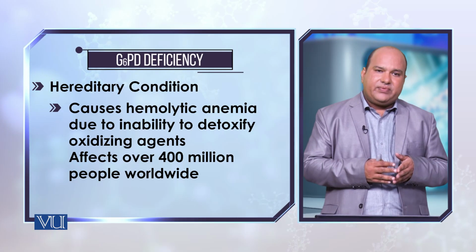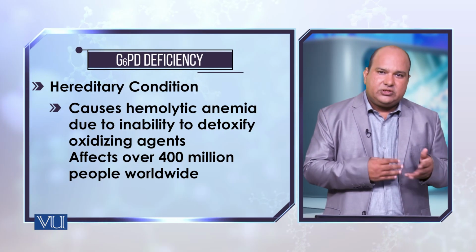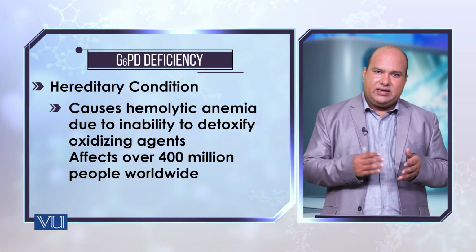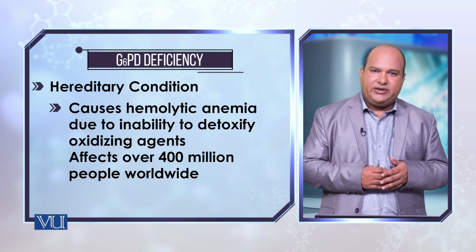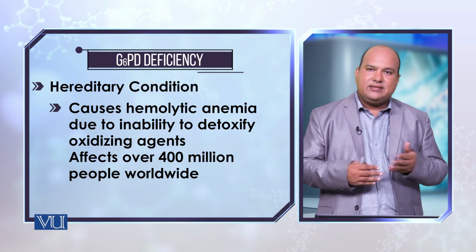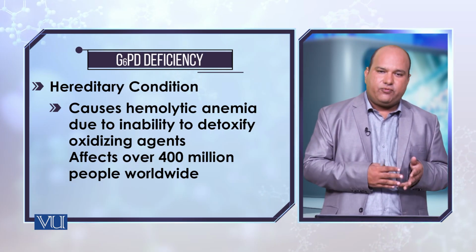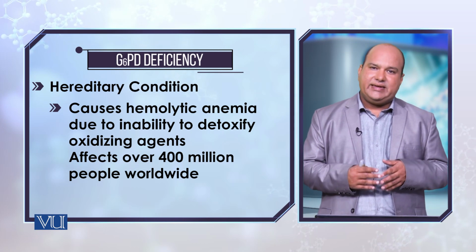So, when NADPH2 is not being formed because of the defects in glucose 6-phosphate dehydrogenase, definitely then you will have all sorts of problems, the biggest of which is hemolytic anemia.